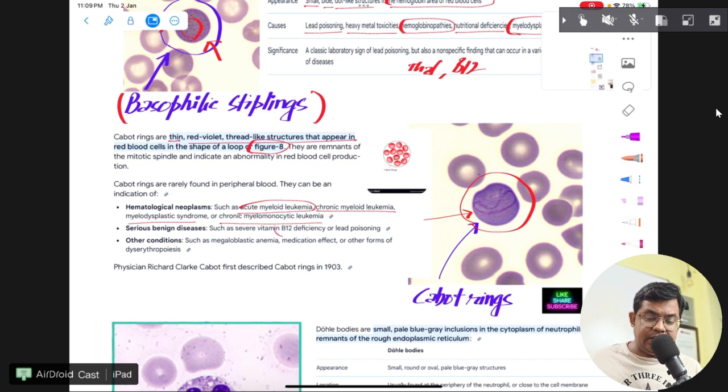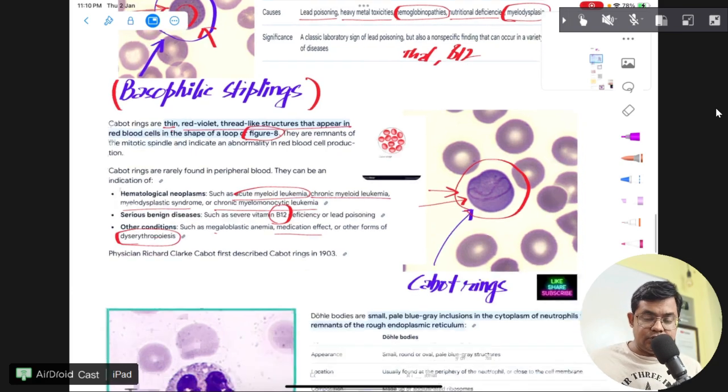It can also be found in case of vitamin B12 deficiency. Now, other conditions such as different medications use, also in case of dyserythropoiesis, you may find this type of abnormal ring-like structure.